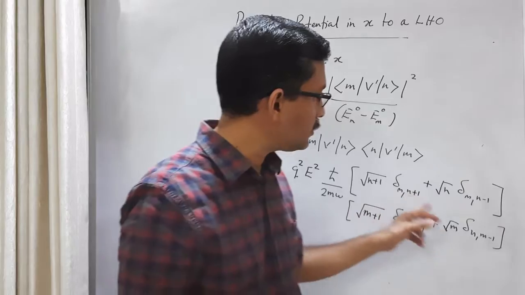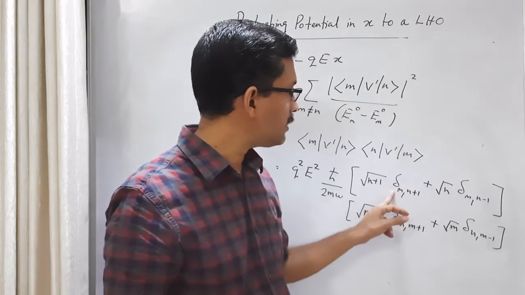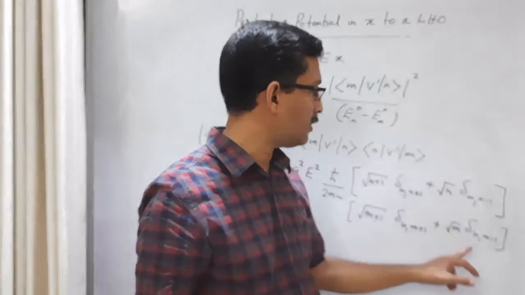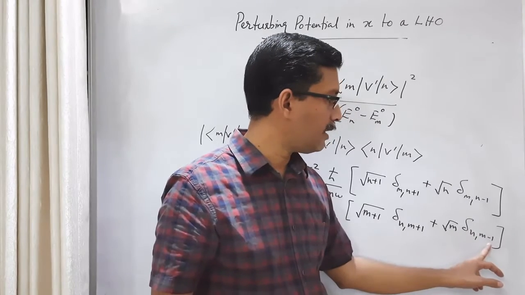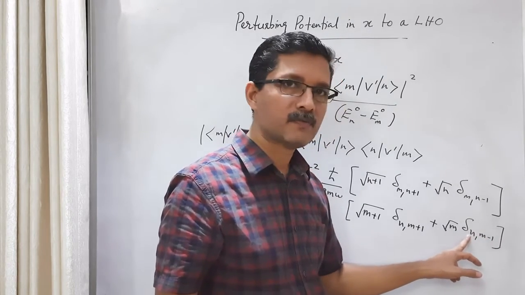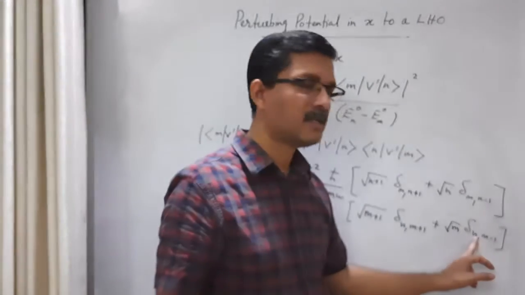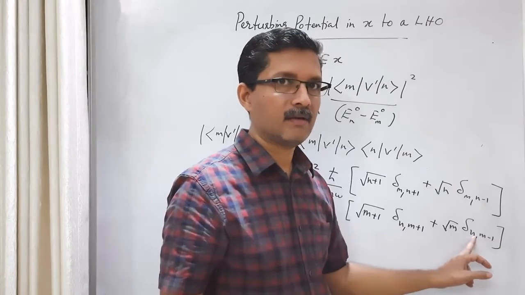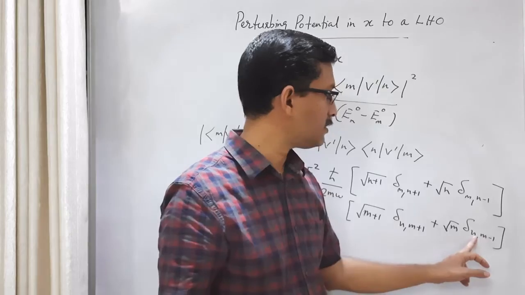Now you take this into this. This means m is equal to n plus 1. This means n is equal to m minus 1, which means that if you take 1 to the left side, m is equal to n plus 1. So this condition and this condition are identical.